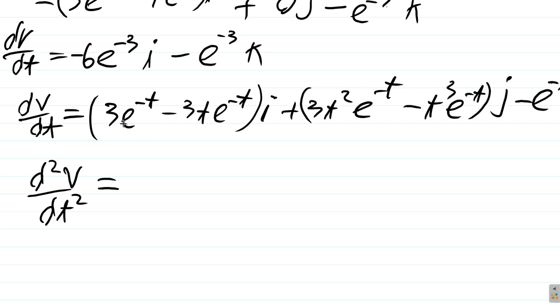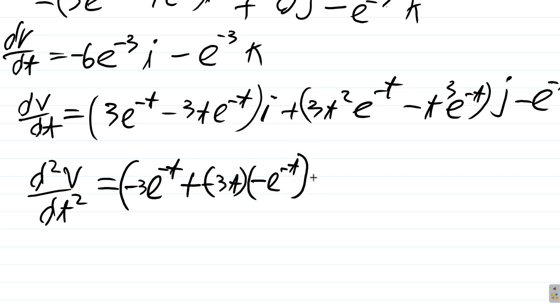So when you differentiate this, you get negative 3e to the negative t. Then here you hold negative 3t multiplied by the derivative of e to the negative t, which is negative e to the negative t.